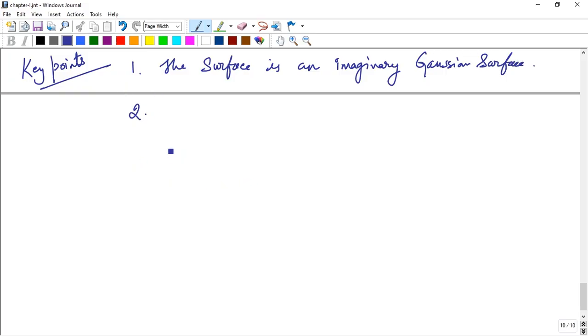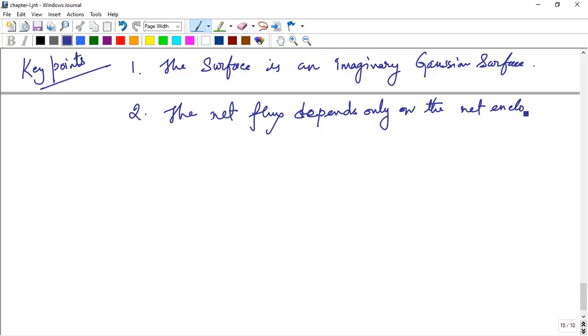Second point, the net flux depends only on the net enclosed charge, that is Q enclosed.